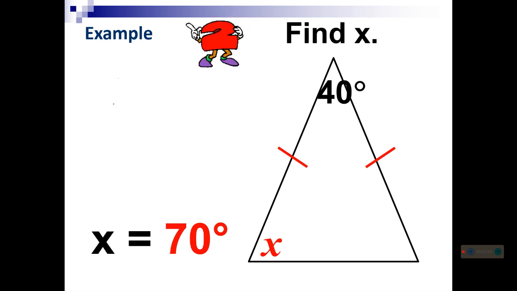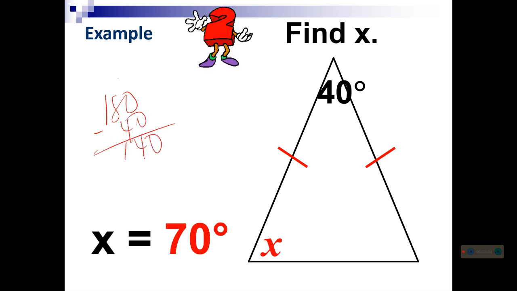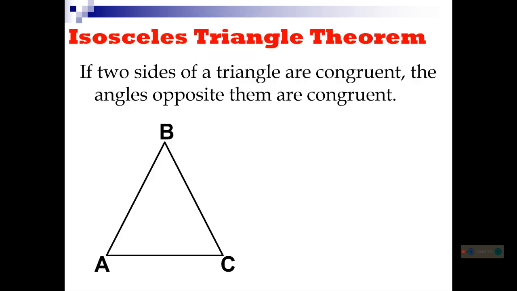We have 180 minus 40 as our vertex angle. So this is 140. So this will be for the two base angles. Since our two base angles are congruent, we are going to divide it by 2. So that's why we obtain 70. Okay? So any question? So let's proceed.